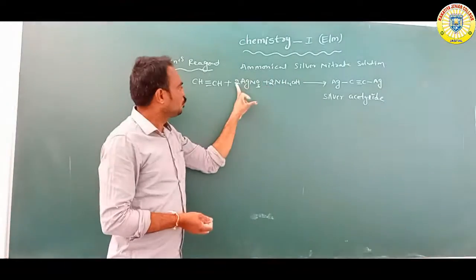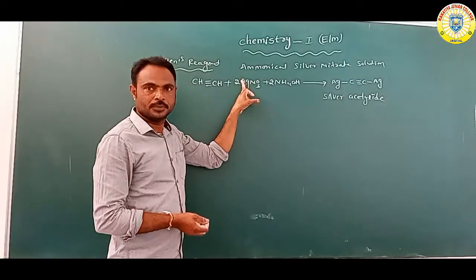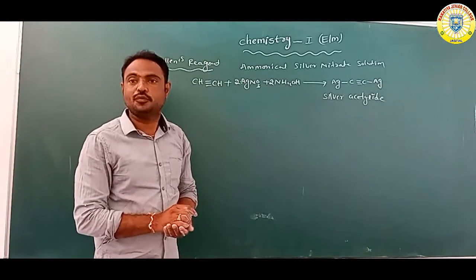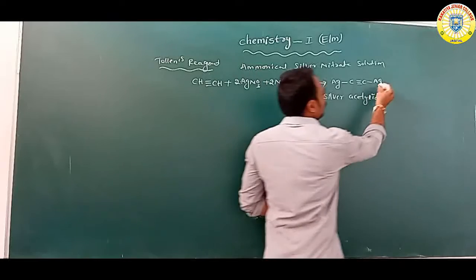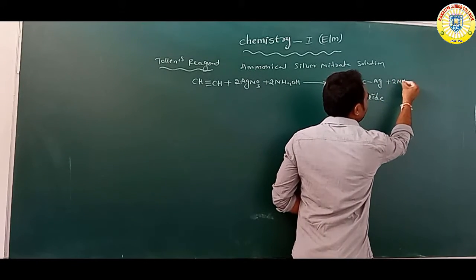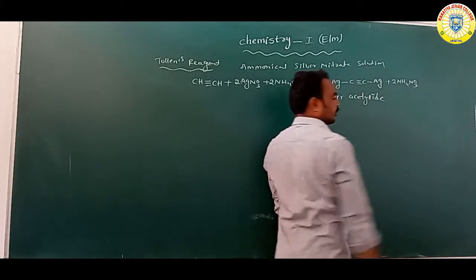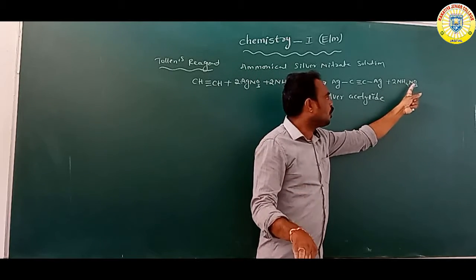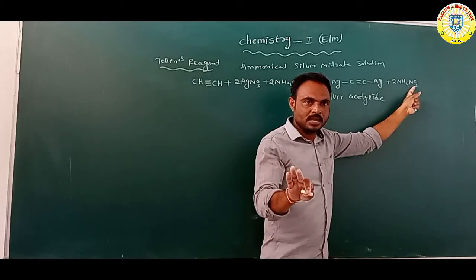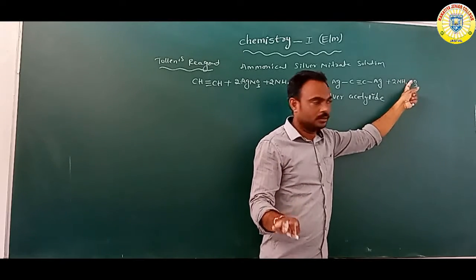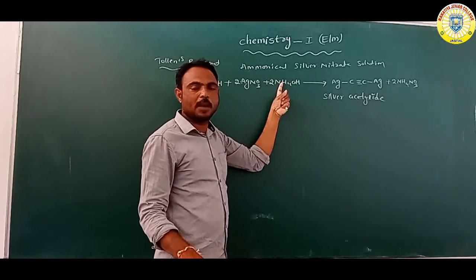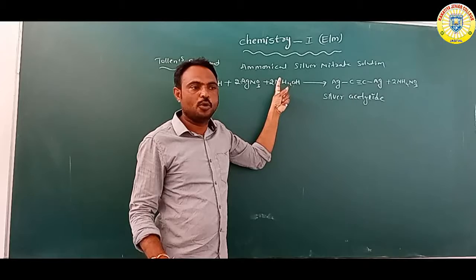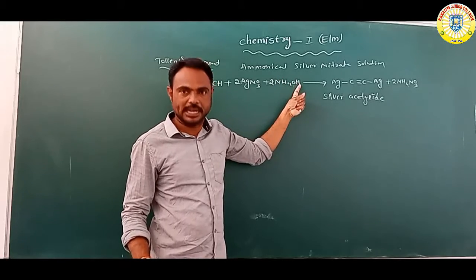Next further, 2NH4 and 2NO3 to form 2NH4NO3. NH4 means ammonium, attached to NO3 nitrate gives ammonium nitrate. NH4 ammonium attached to OH hydroxide gives ammonium hydroxide.